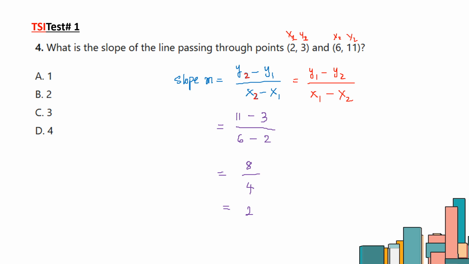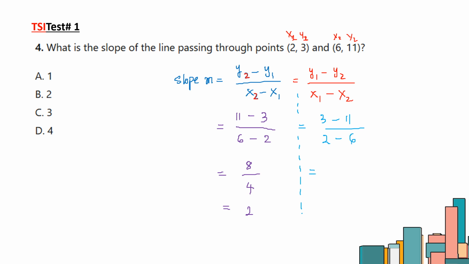You can also try this one. y1 is 3, and then you subtract y2, 11, over x1, 2, minus x2, 6.